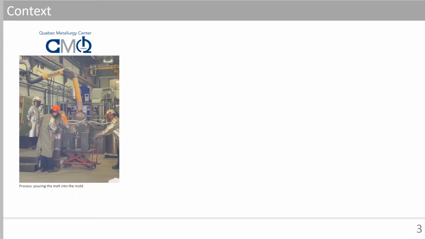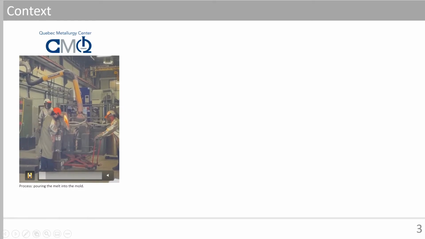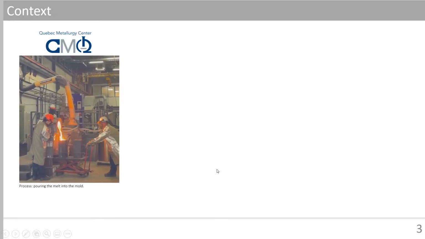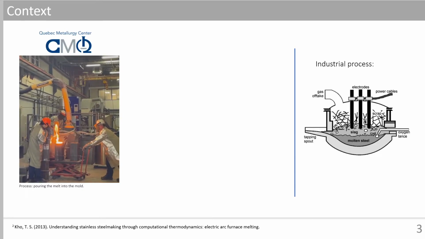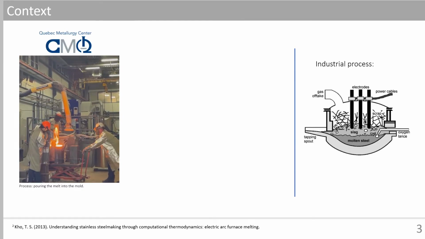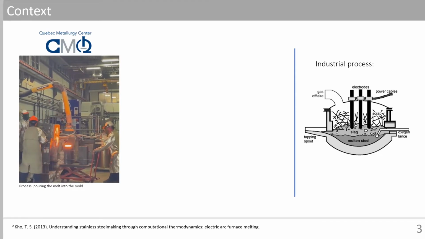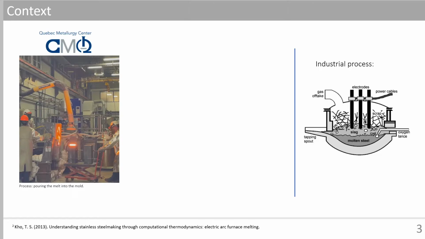So, we have been working on the synthesis of the samples for this project in collaboration with CMQ, which is the Quebec Metallurgy Center. I don't know if we have steel makers or steel producers among our attendees, but what is important to mention here is that the CMQ has induction furnaces, but we don't have the availability of the technologies that are used in industry to be able to produce stainless steel at the state of the art.